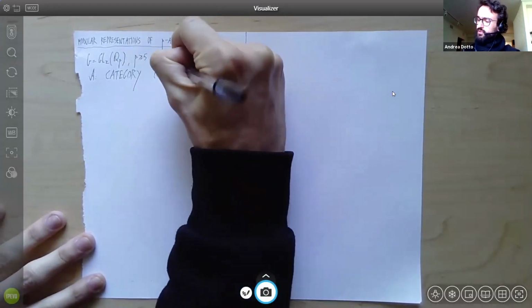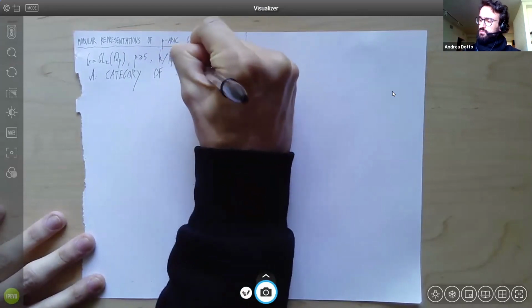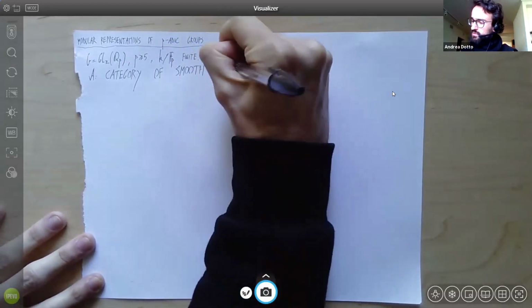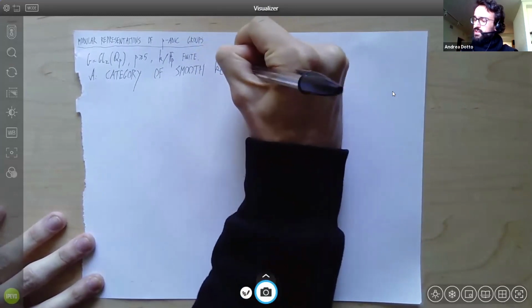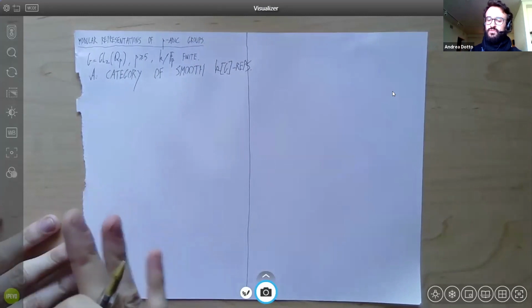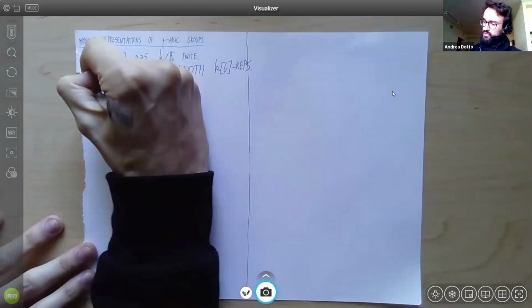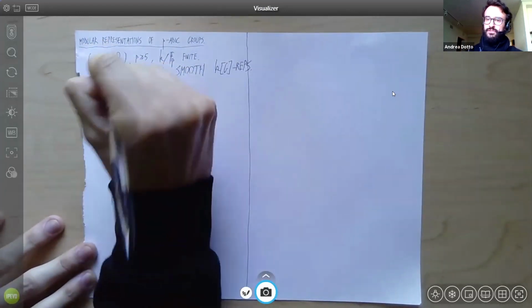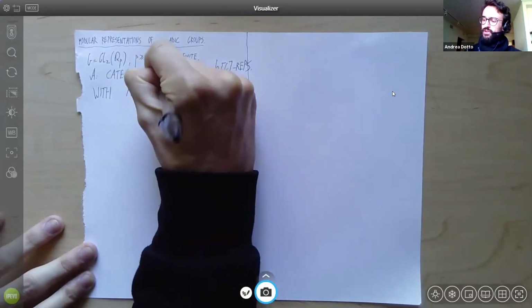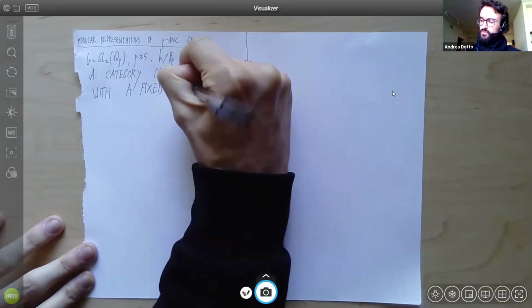It is going to be a category of representations of G. I'm going to work with the so-called smooth representations. This is a natural condition to put on representations of p-adic groups. And if you're familiar with the situation in characteristic zero, then that's exactly the same condition. And I'm going to need to fix the central character of my representations. I'm going to work with a fixed central character, which I'm going to call zeta.